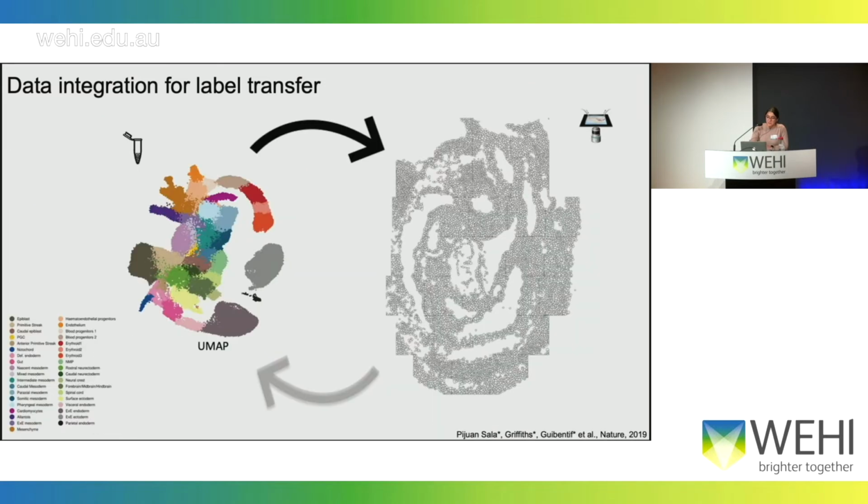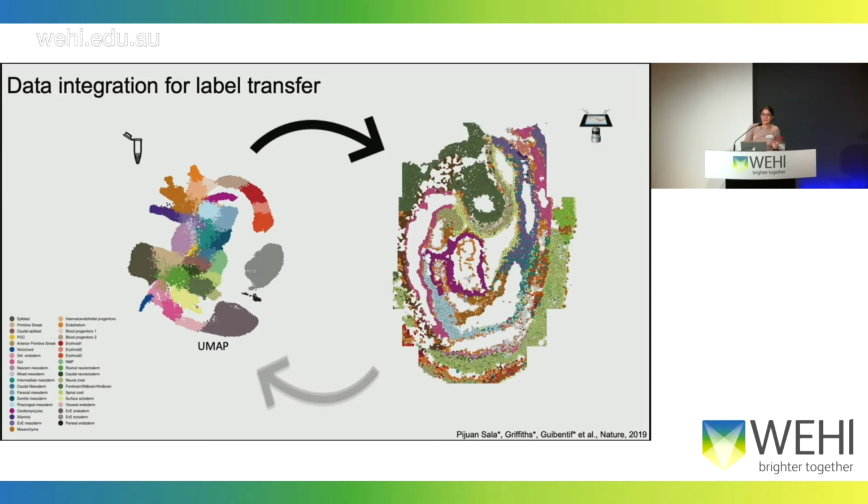What that meant for us is that, in our spatial image, where I'm showing the segmentations of each cell, we could take this single-cell RNA-seq and effectively paint on the colors from our atlas.